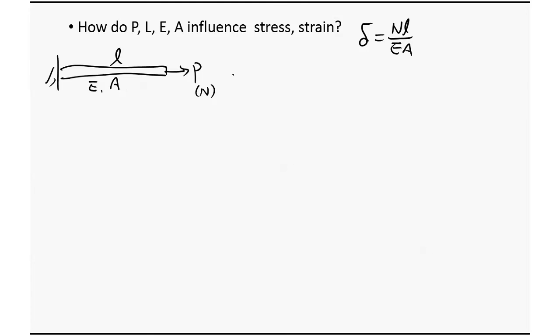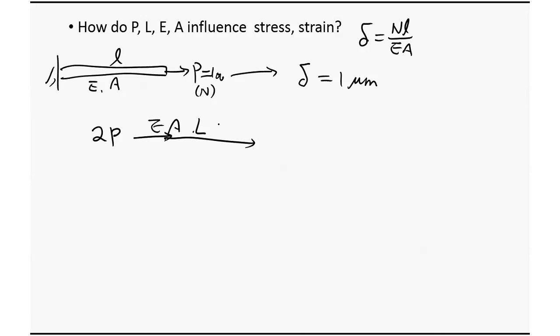Now, some twist of mind exercise. For this one, let's say I find out the elongation is delta. You can give a number if you want, say delta equals 1 micrometer. I make it very small. Now, what if I apply twice the load to this bar? The E, A, L are all the same, constant.